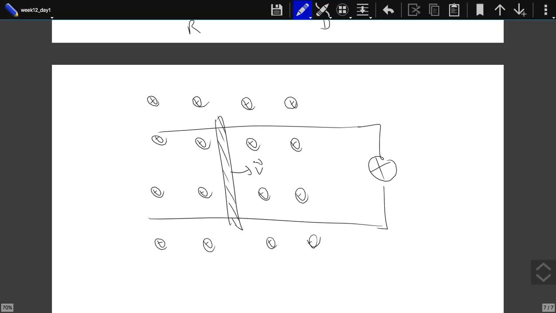And the direction of the electric field that they create will be given by V cross B. Plus or minus? Plus. How do you know?